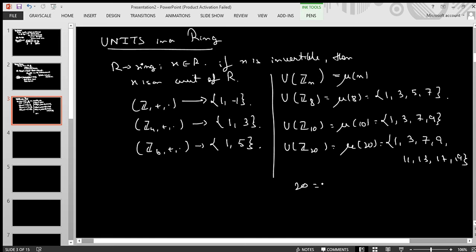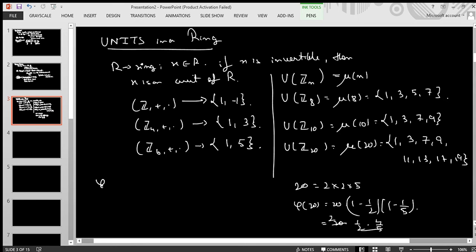So 20 can be written as 2 into 2 into 5. So phi of 20 should equal 20 into (1 minus 1 by 2) into (1 minus 1 by 5). This is the concept of the totient function. So this equals 20 into 1 by 2 into 4 by 5, which is 8.